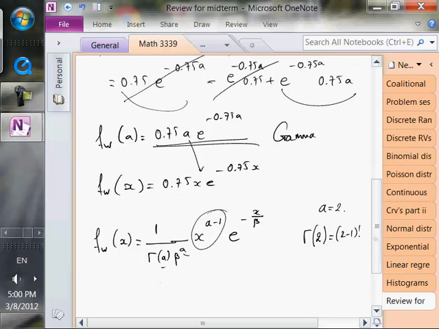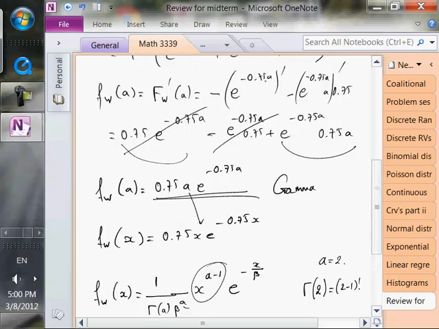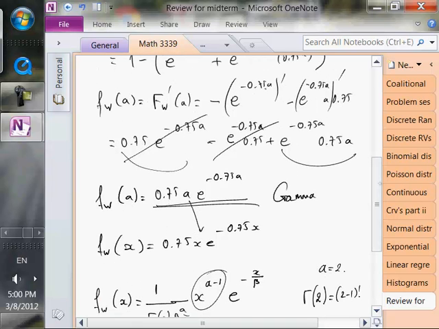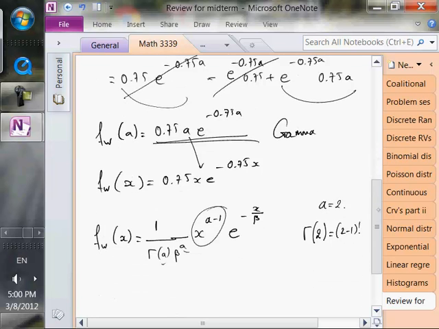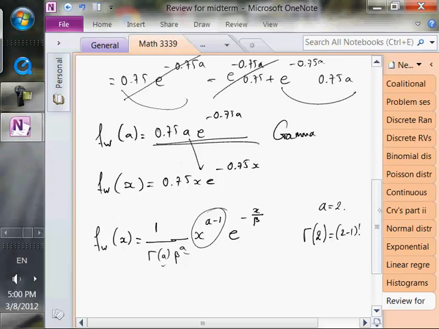Wait, shouldn't that be 0.75 squared? Isn't it lambda to the number of events that we have? No, we didn't go to the second. It was up to one event. Okay? So you have 0.75 times x.